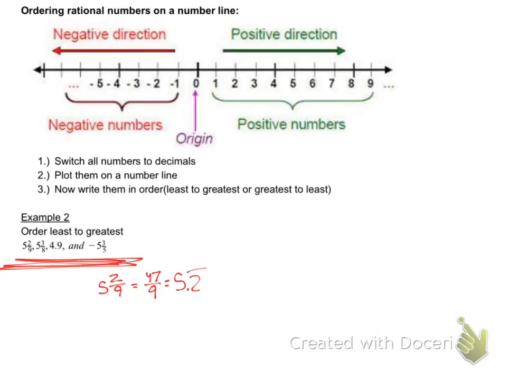So that's the first one. The second number was 5 3/8, which ends up being 43 over 8, which, 5 point what?